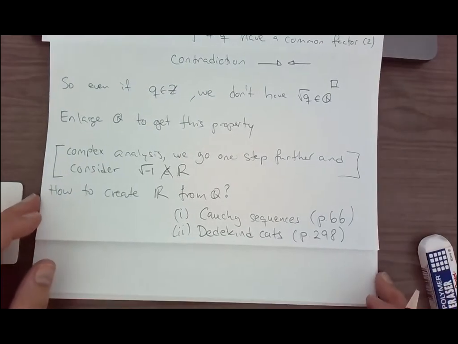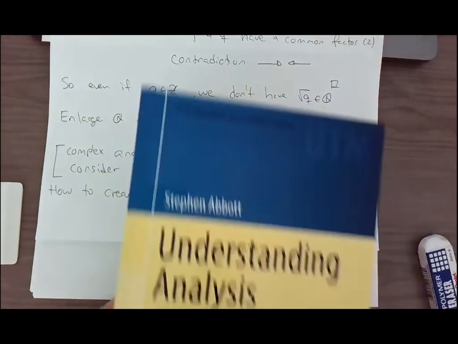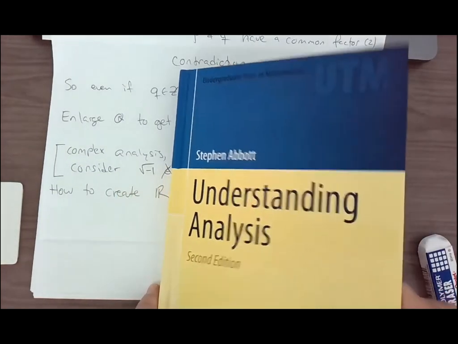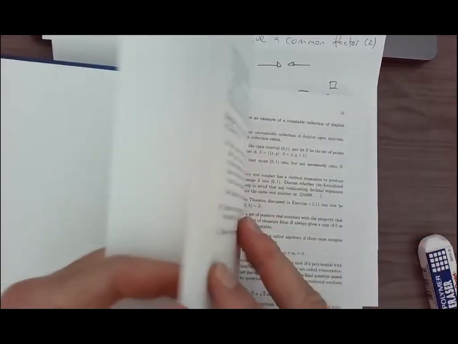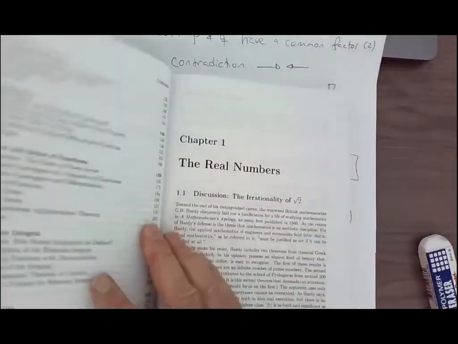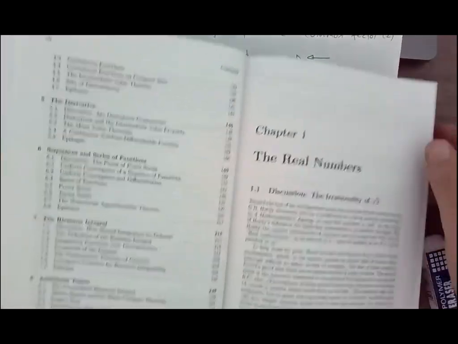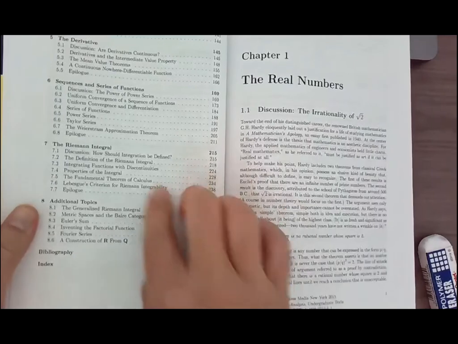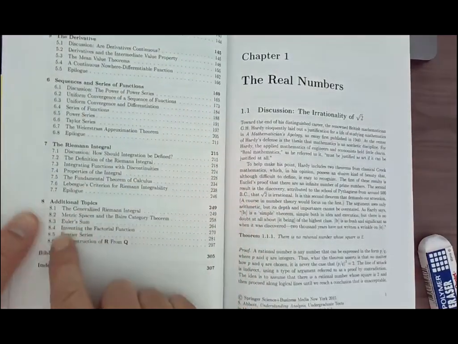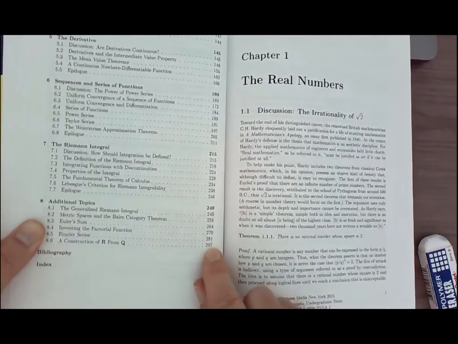And it's a little bit ironic that we're doing real analysis, and the existence of these real numbers in our textbook is on page 298. And there are 8 chapters in the textbook. So you go all the way down to the very, very last section.